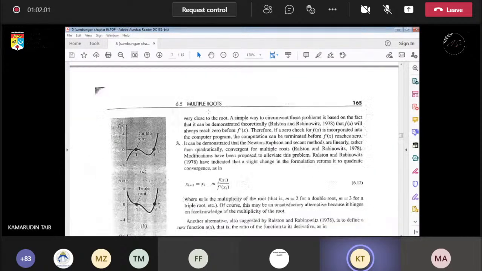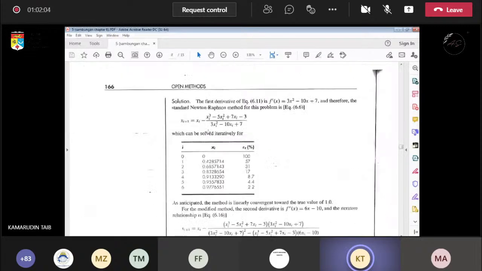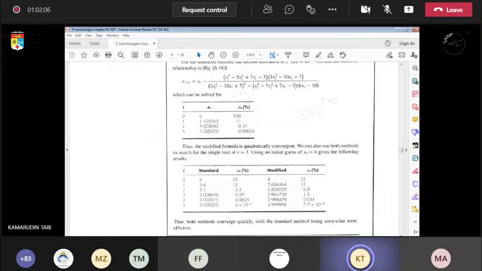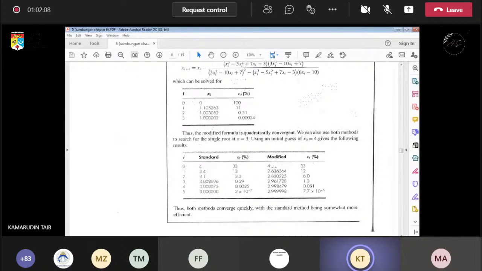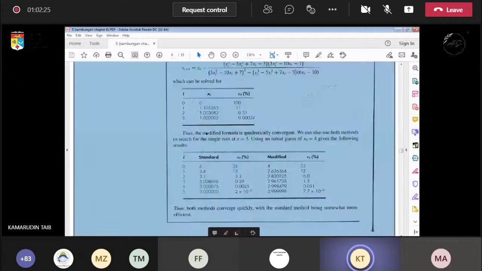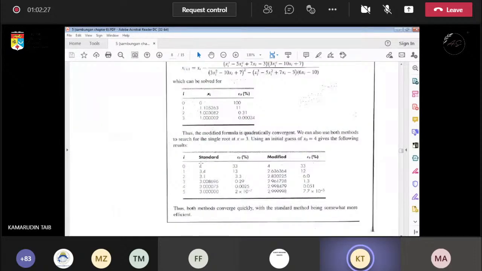To get the root for x equals 3, we apply the modified and the standard Newton-Raphson, but using the initial guess of x0 equal 4. Just now we used x0 equals 0 and we got the answer approaching 1. To get the answer of 3, we use the initial value 4.